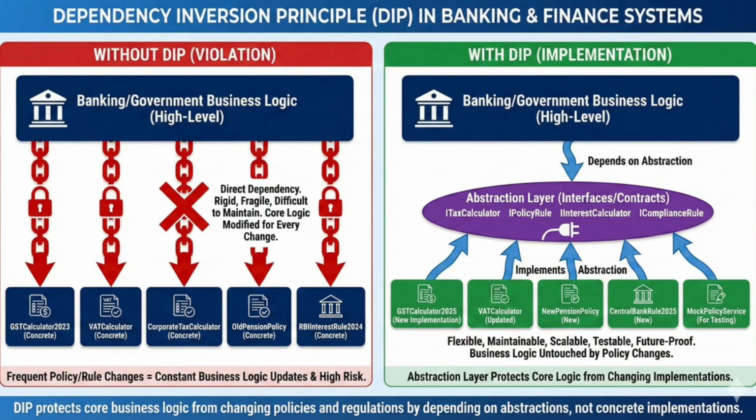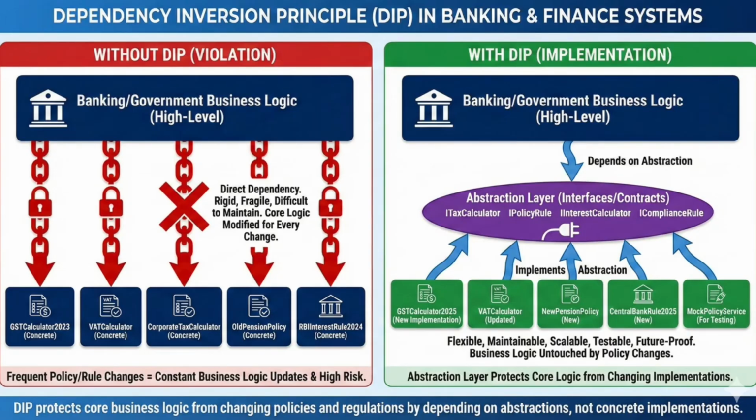In banking, finance, and government systems, business policies and tax rules change very frequently. New tax slabs get introduced, GST rules are modified, income tax policies change every year, interest calculation policies evolve, and regulatory rules keep getting updated.